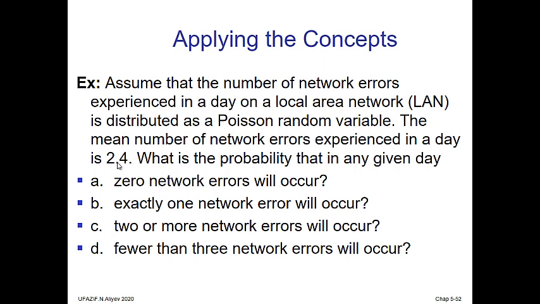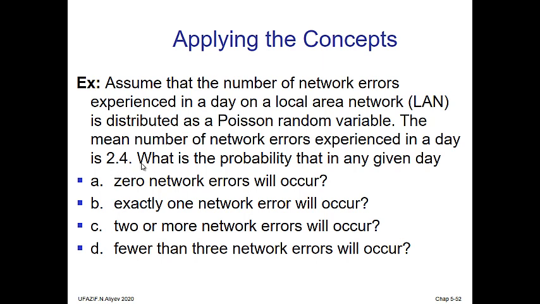This automatically represents the lambda because they say the mean number of network errors. Why it's not an integer number, we already explained to you, because to find this number you should add the number of errors in all days and divide by the number of days. So it's possible that it's not an integer number.